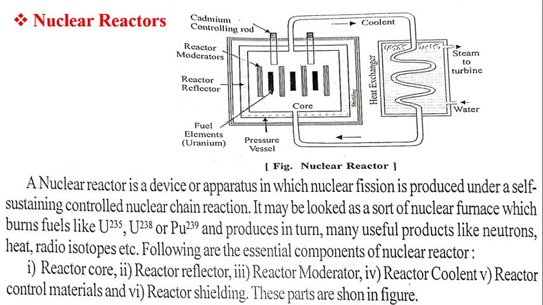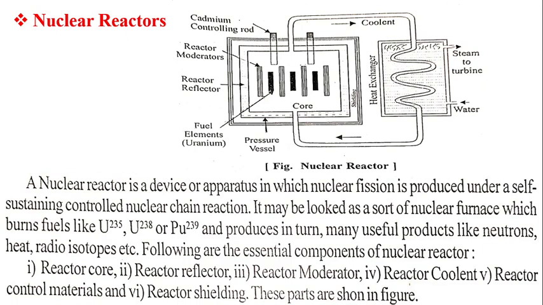A large quantity of heat is produced in the fission process, and the cadmium rods regulate temperature to a predetermined value. If it is desired to bring down the temperature, the cadmium rods are pushed down further so as to absorb more neutrons.